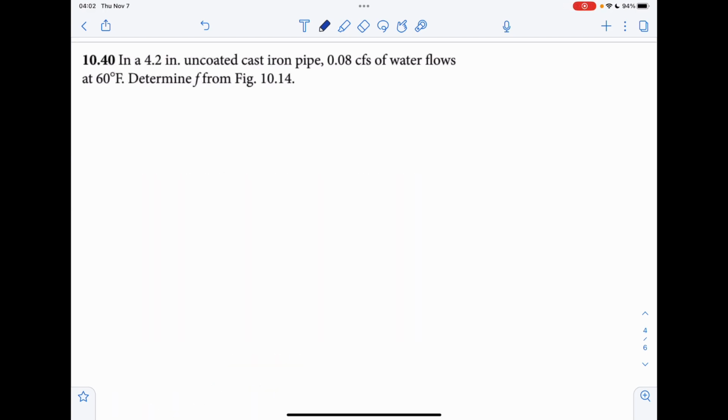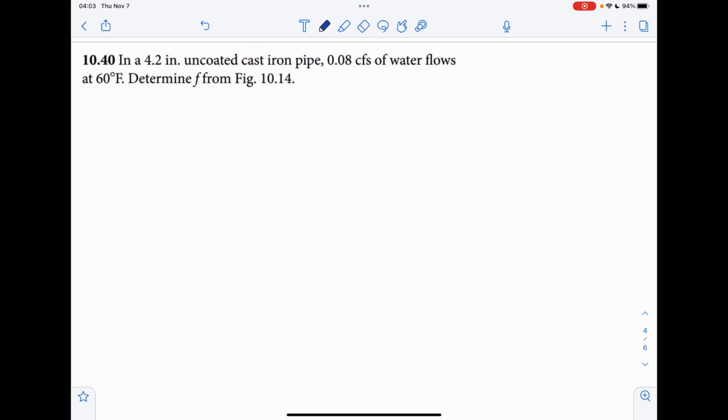So now let's look at problem 10.14. In a 4.2 inch uncoated cast iron pipe, 0.08 cubic feet per second of water flows at 60 degrees Fahrenheit.